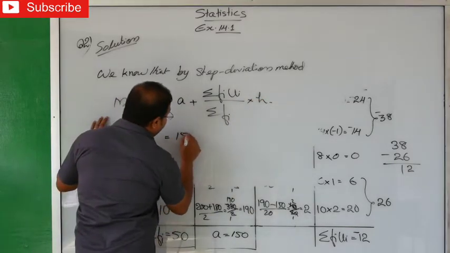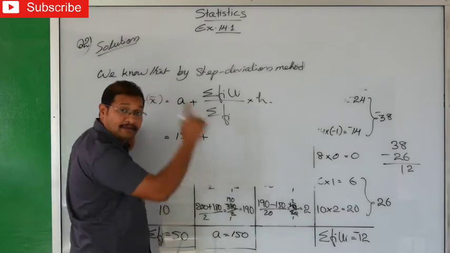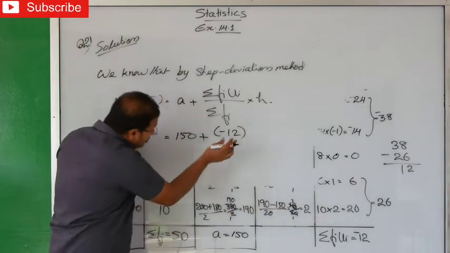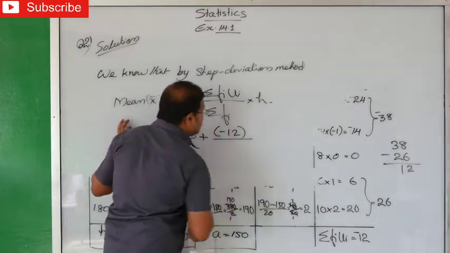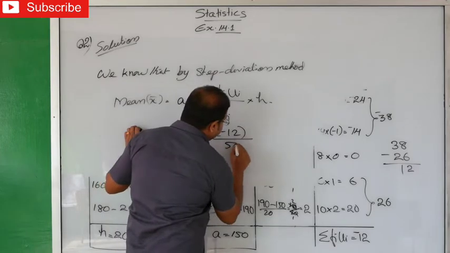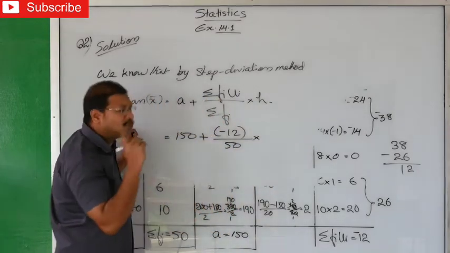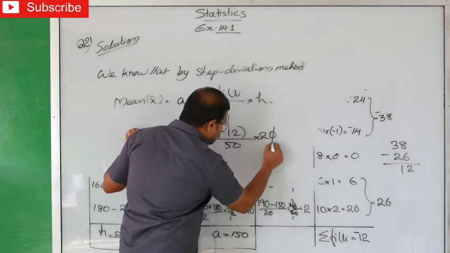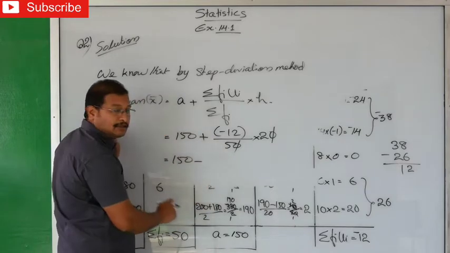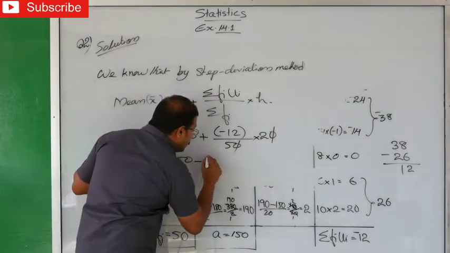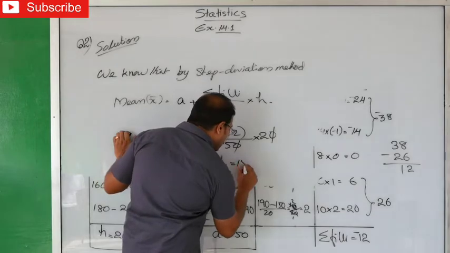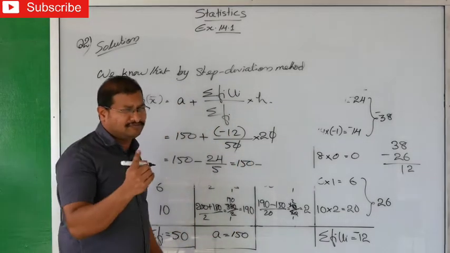Okay? Yes, 150 plus. Sigma fi ui, check the table. Yes, minus 12. Put in bracket minus, because of minus, keep inside the bracket. Divided by sigma fi, total frequency. What is that value? 50. Into, what is the value of h? 20. So, we'll cancel 0, 0. Equals 150 plus into minus, minus 12 twos are 24 by 5. Ready? This equals 150 minus 24 by 5. Let's divide it.